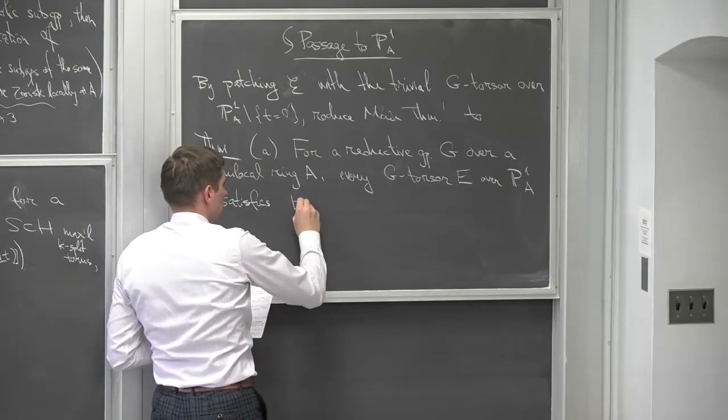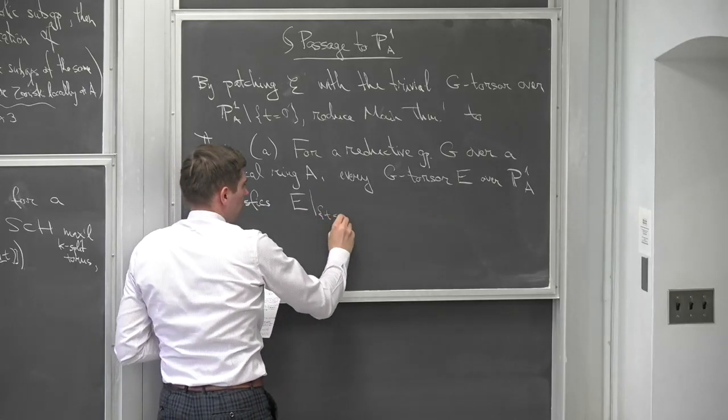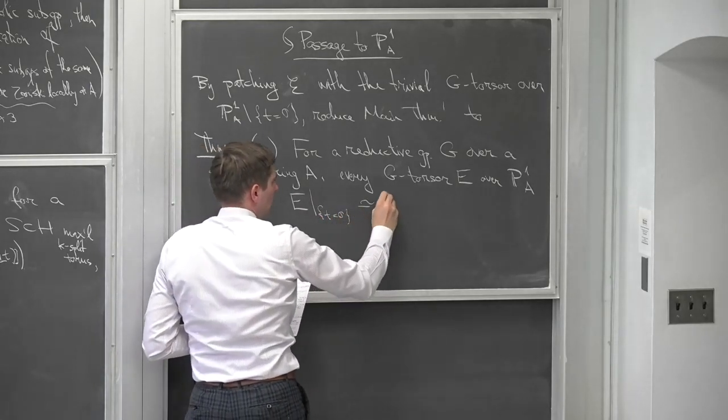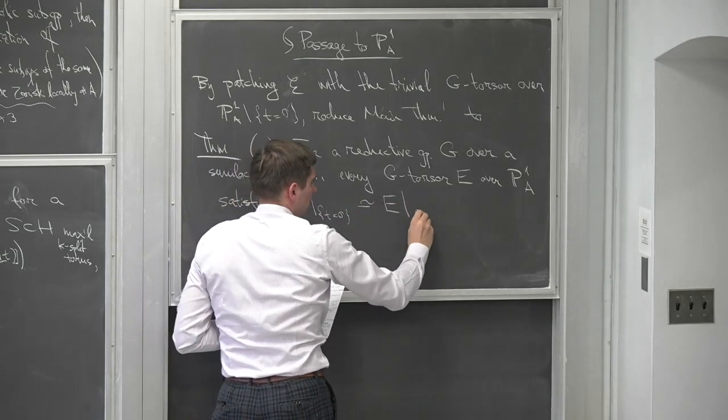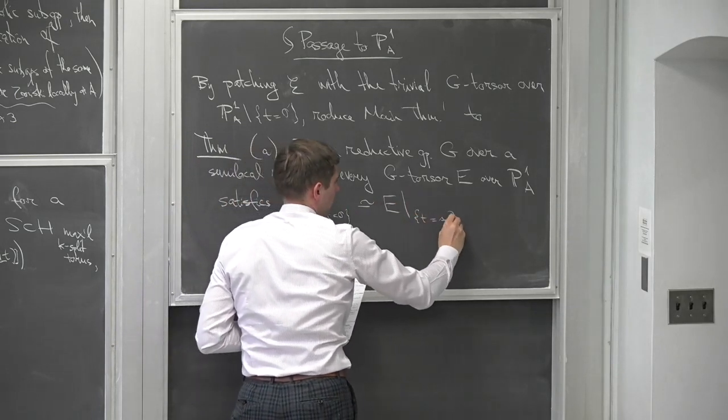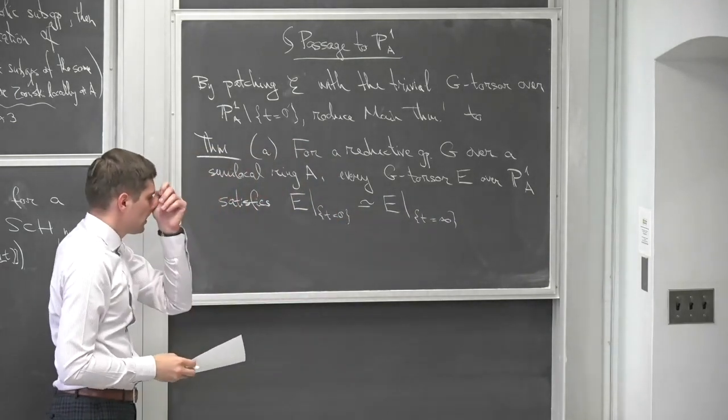In other words, more concretely, the restriction of E to T equals 0 is isomorphic as a G-torsor over A to its restriction at infinity.